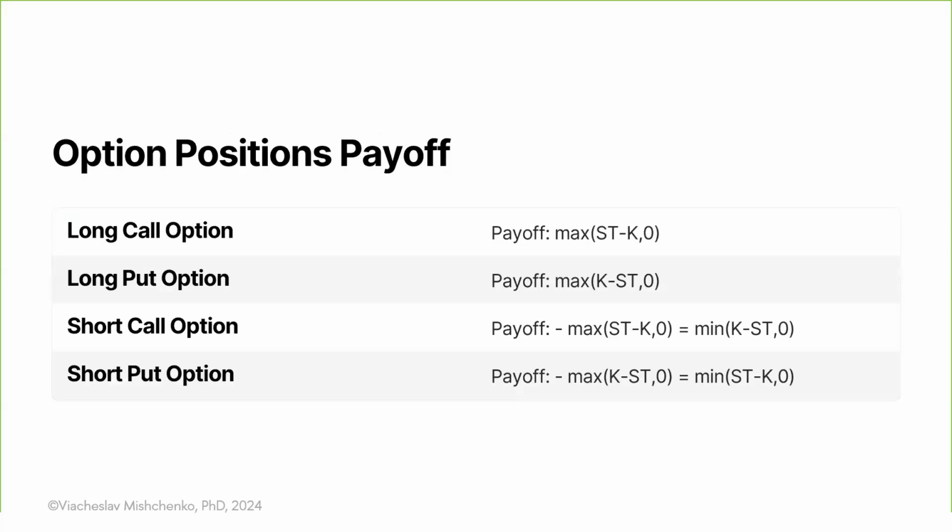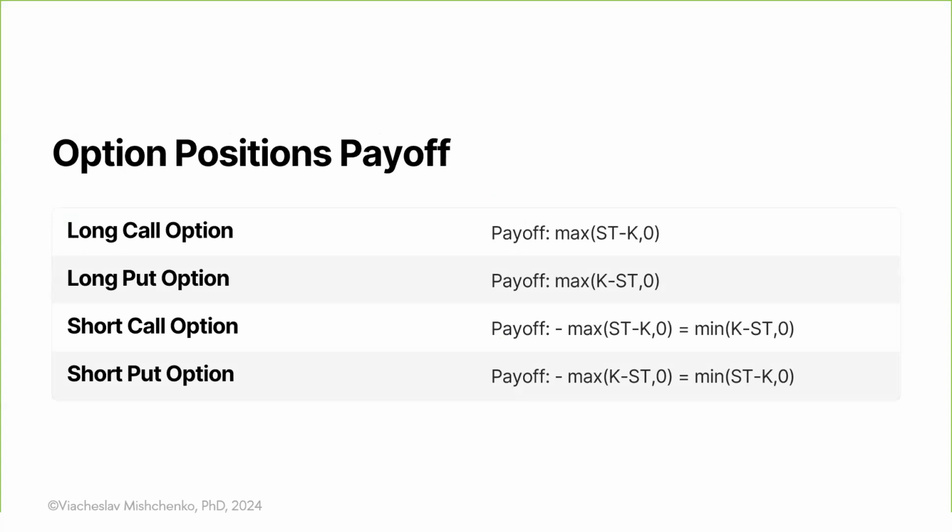So, about option position payoffs. Let's break down the payoffs for different option positions, because it is really crucial if you manage your market risk by means of options hedging.